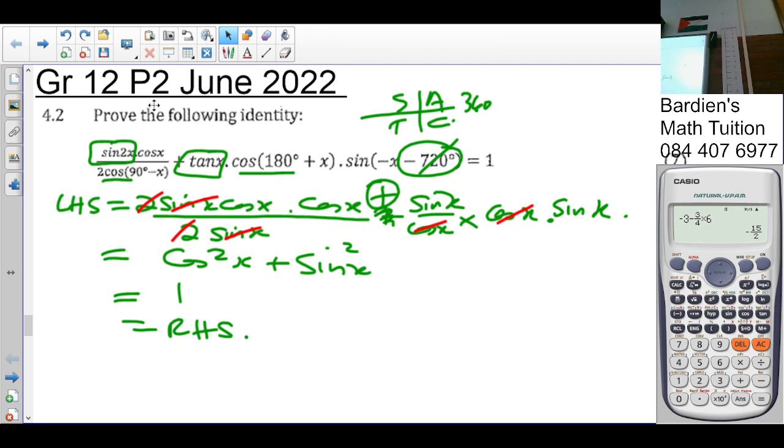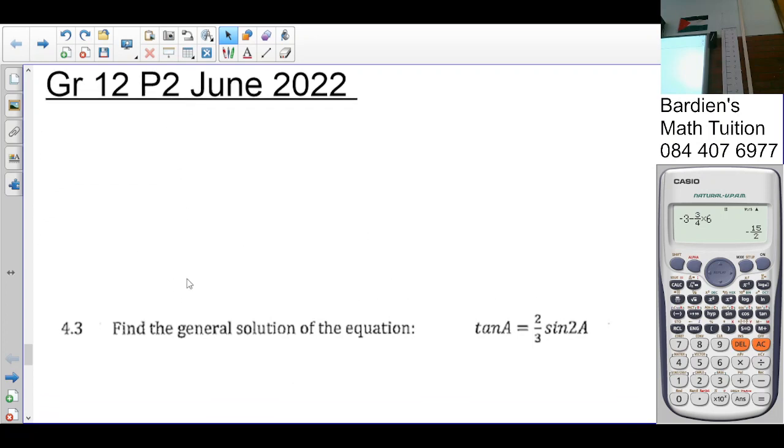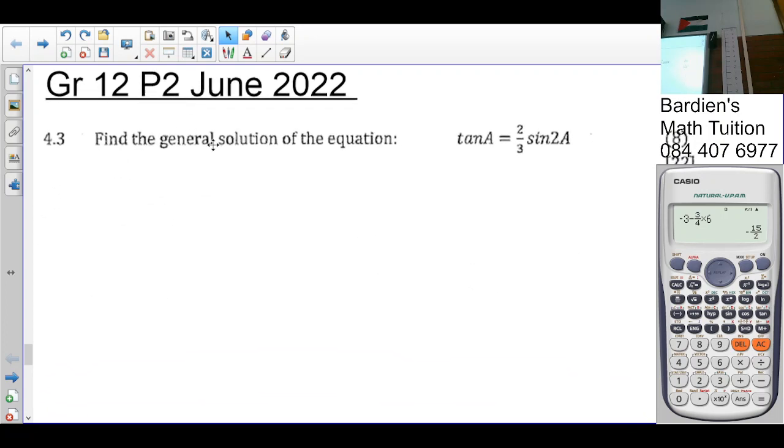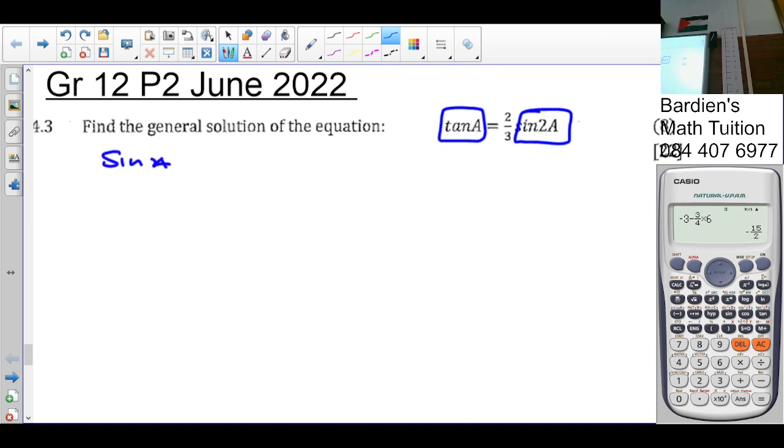Quite a bit of marks that could be attained in this question. In question 4.3, it says find the general solution. Again, we need to first change this and that. Okay, so tan can be written as sin a over cos a is equal to 2 over 3. Sine can be written as 2 sin a cos a.